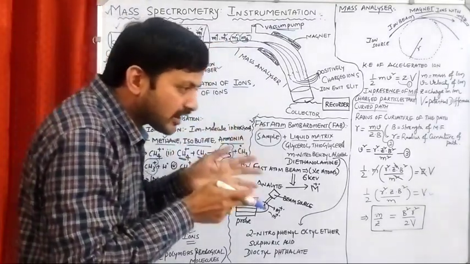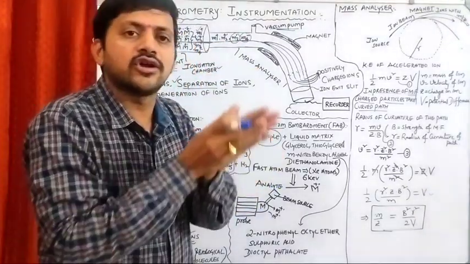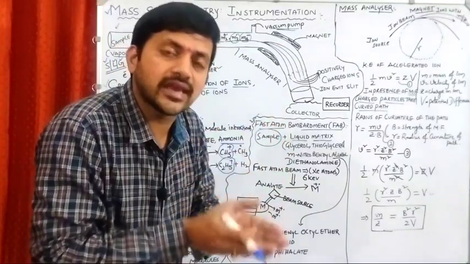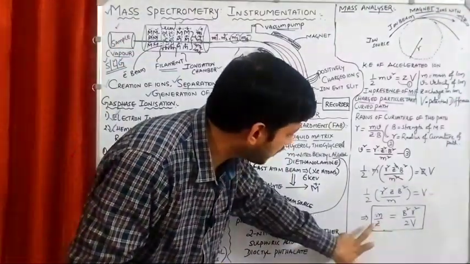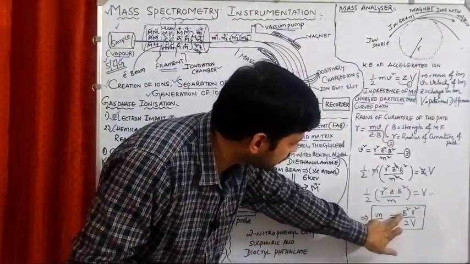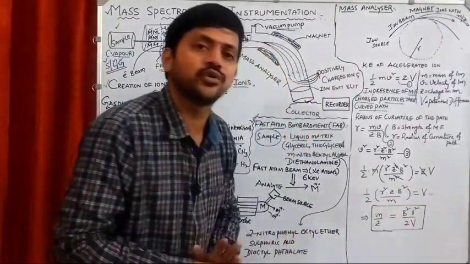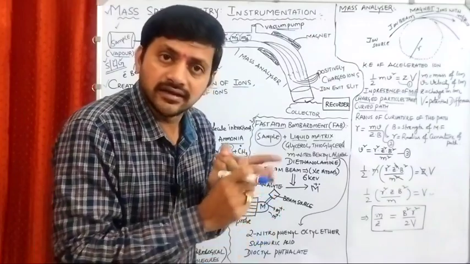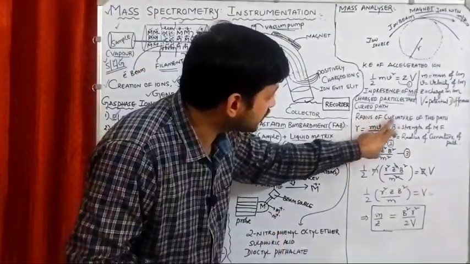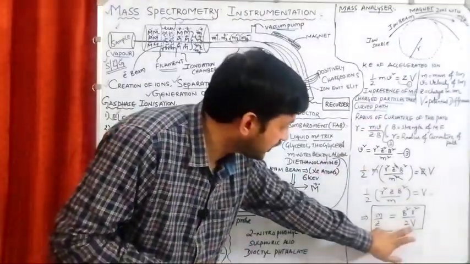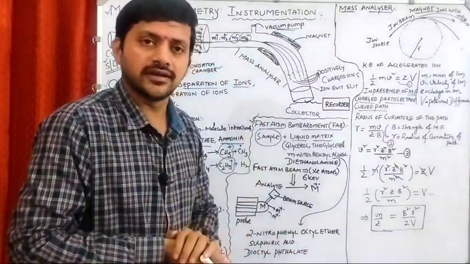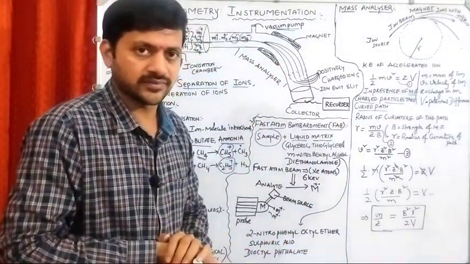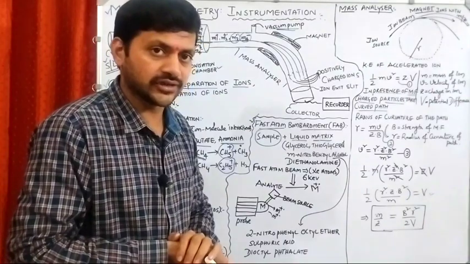So for simple cations and radical cations, m by z values will be calculated by using the formula m by z equals B square R square by 2V. B is the strength of the external magnetic field, R is the radius of curvature of the path, and V is the potential difference or applied potential, we can say.